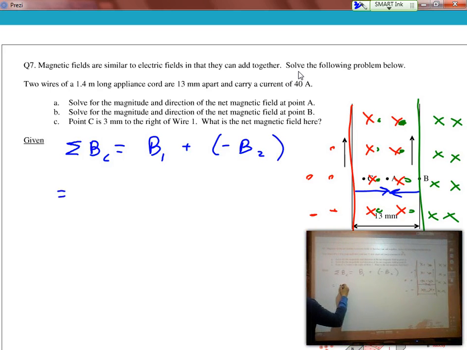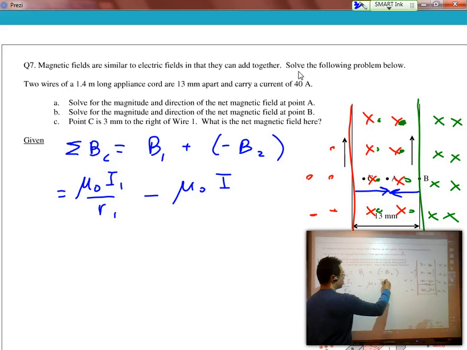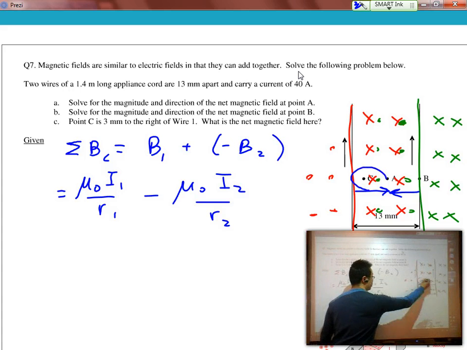And so if we work it out, it becomes mu naught I1 over R1 plus, or really I'll say minus, mu naught I2 over R2. So that will solve for the total magnetic field at point C, okay, which is right over there.